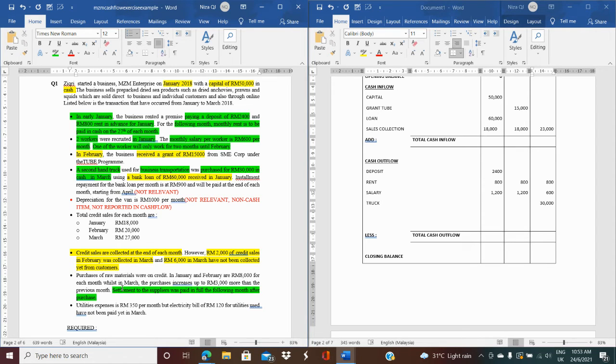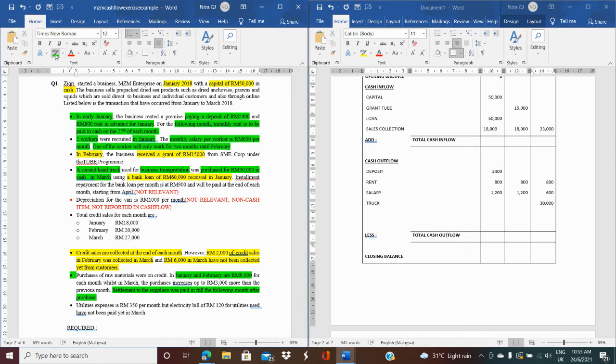So you look at when it is settled. It's going to be settled in the following months of the purchase. Here it's stated that January and February are 8,000. So for January, the payment will be settled in February, and for February the payment will be settled in March.